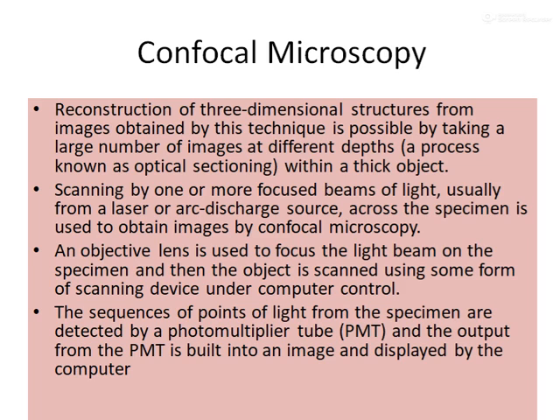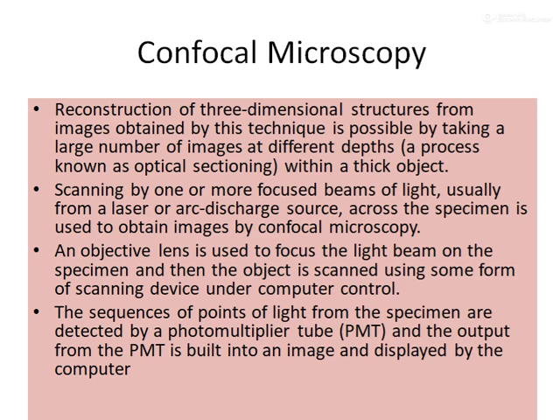Scanning by one or more focused beams of light, usually from a laser or an arc discharge source, across the specimen is used to obtain images by confocal microscopy, and the objective lens is used to focus the light beam on the specimen, and the object is scanned using some form of scanning device under computer control.